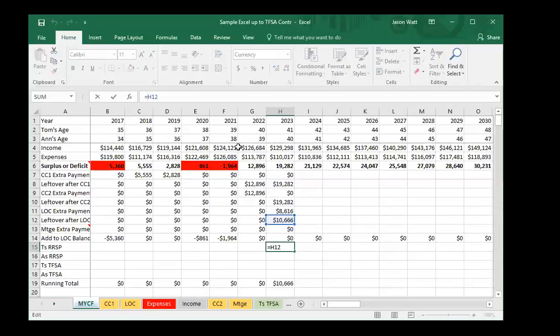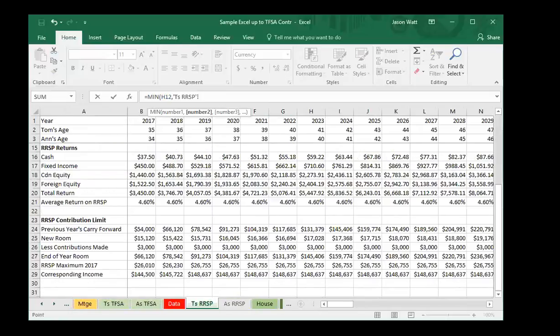So what I really should be doing here is choosing the minimum, the smallest amount between $10,666 and Tom's RRSP maximum in that year. That's going to be year H on Tom's RRSP. You can see where I now have to flip way over here to go find Tom's RRSP.